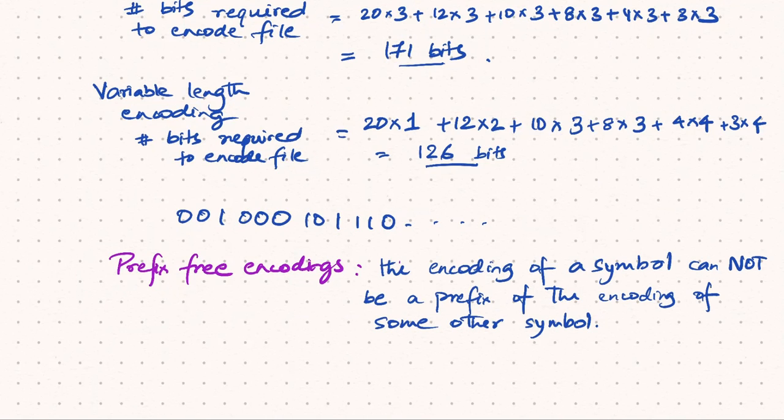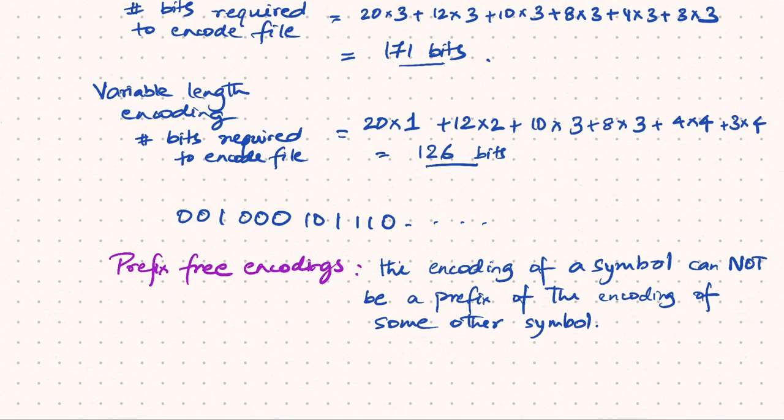Once we have this, our decoding becomes unambiguous, because the moment we hit a pattern which corresponds to a symbol, we can directly output that symbol in the decoding.